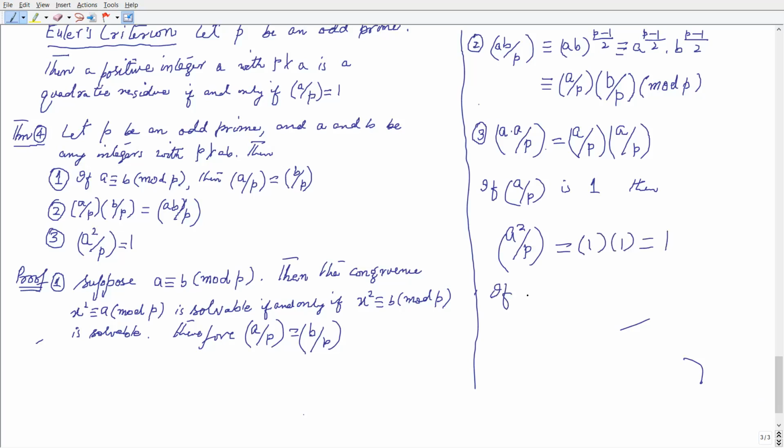And if the Legendre symbol of A is -1, then the Legendre symbol of A square is -1 times -1, which is 1 again. So in both of the cases, the Legendre symbol of A square is 1. Okay, so that's the proof of Theorem 4.